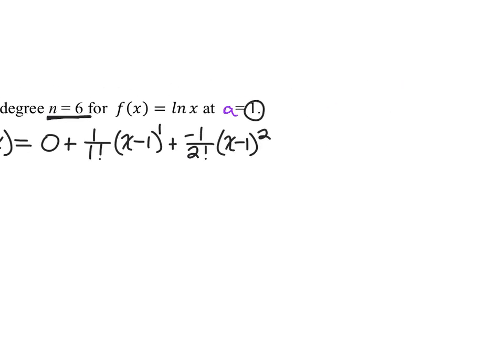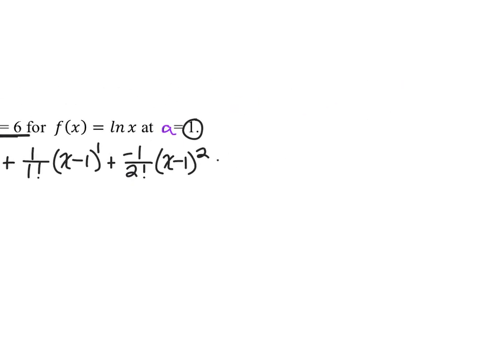Then we have a 2, so a 2 and a negative 6. So plus 2 over 3 factorial x minus 1 cubed plus negative 6 over 4 factorial times x minus 1 to the 4th, and so on.